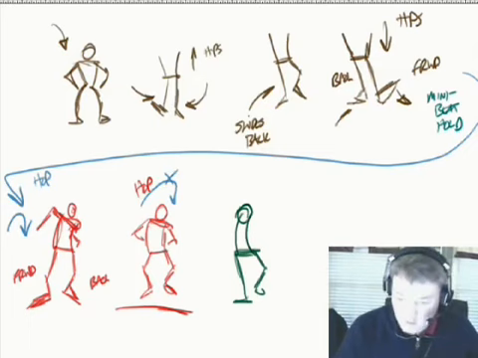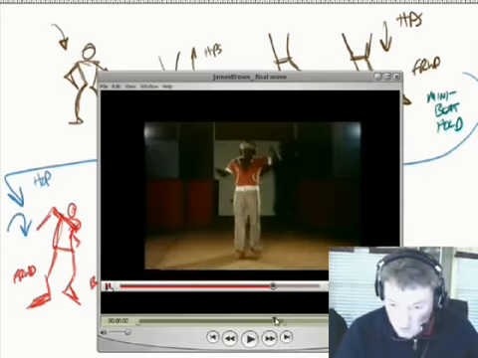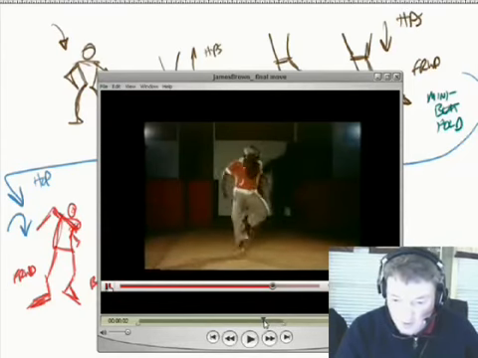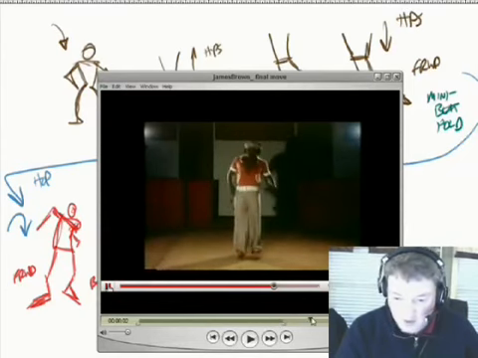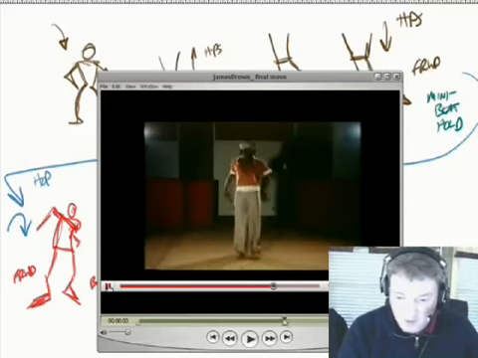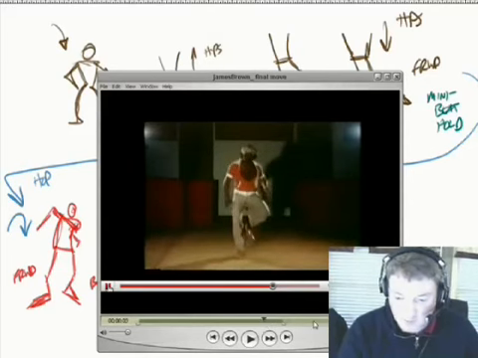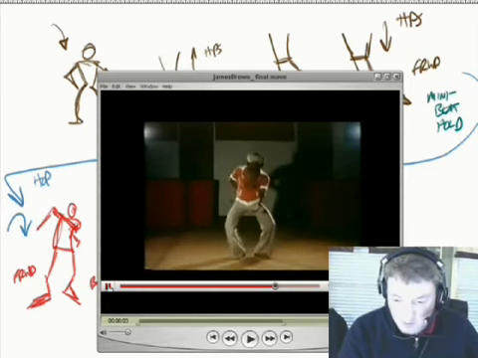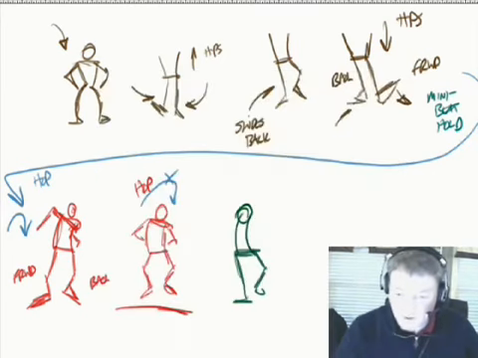Okay, and then right here he stands up straight. Now, what I did not want to do is have him stand up straight and do that hand thing and then come down here. So instead of landing straight, I want him to go from this into this. So I'm going to break my rules here.